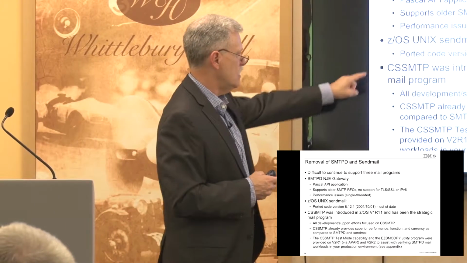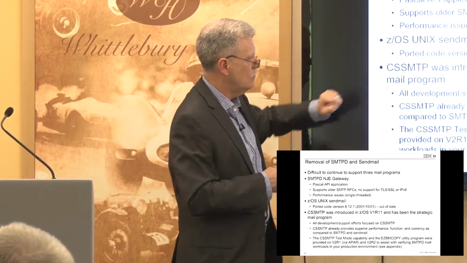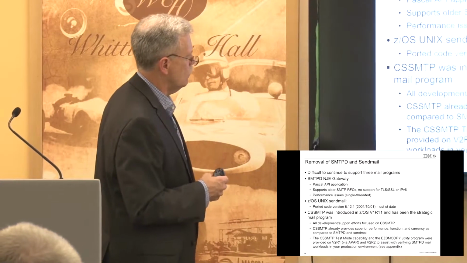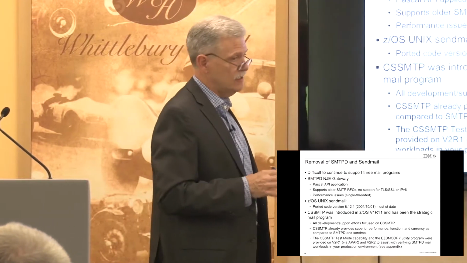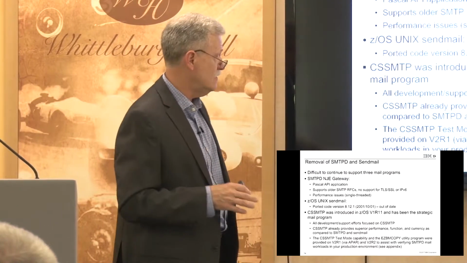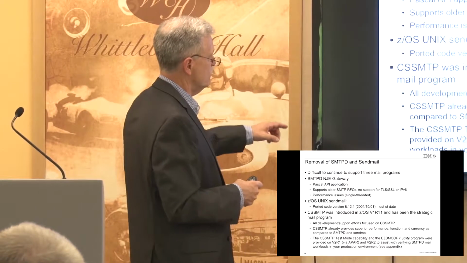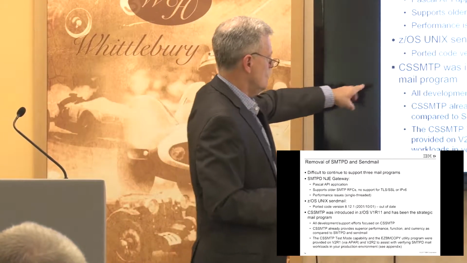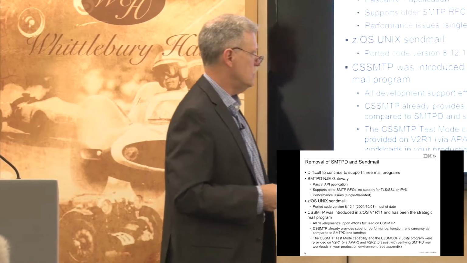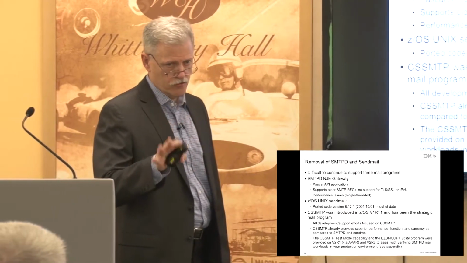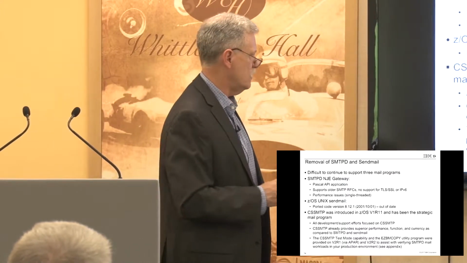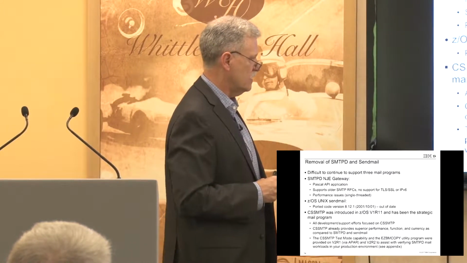The z/OS UNIX Sendmail program was ported code back in version 8.12.1 of it, and that was in 2001. It's an out-of-date program, so we had to update it. Again, it would require a significant investment. So once again, we introduced CSSMTP in 1.11, and it has been our strategic mail program since we originally brought it in, and we have been talking about that again for about 3 years.